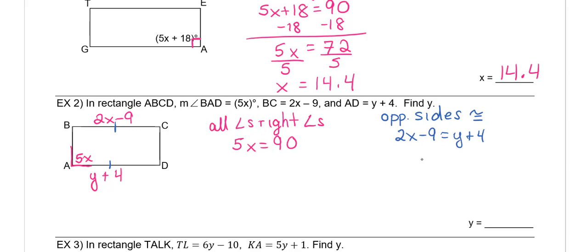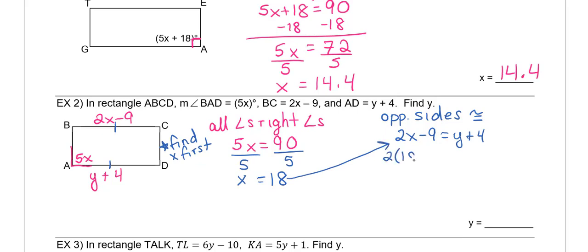But I can't solve that equation on the right yet because I have an x value and a y value. I first have to find x in order to solve. We have to find x first, which is easy to do. I'm going to divide both sides by 5. So we get x to equal 18. And now I can take that 18 and use it in my equation.